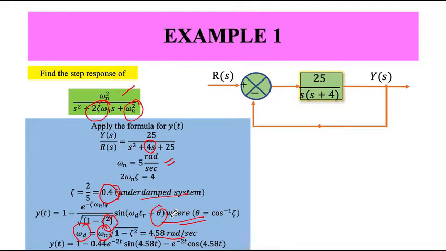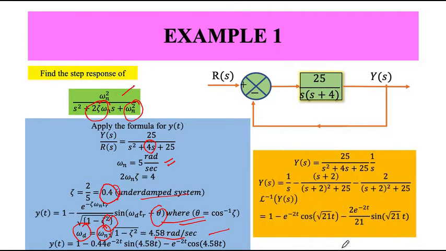I will do all the computation and end up with the expression 1 minus 0.44 e to the power minus 2t sine 4.58 t minus e to the power minus 2t cos 4.58 t. I will just skip intermediate steps, but it should be easy to compute in that way.